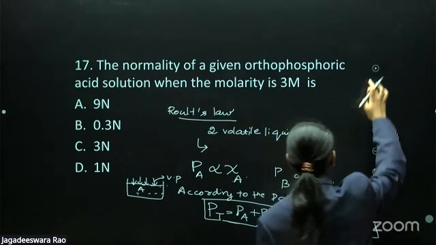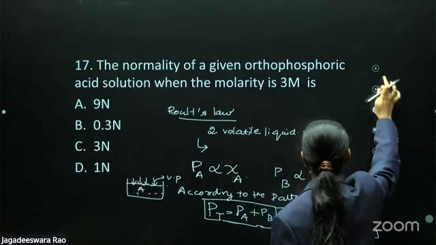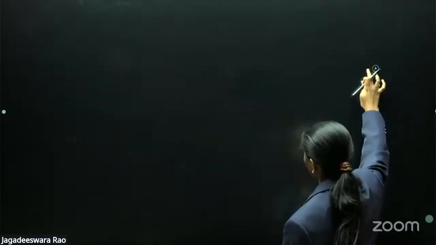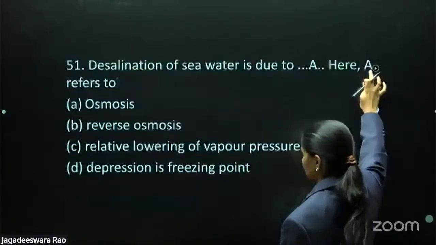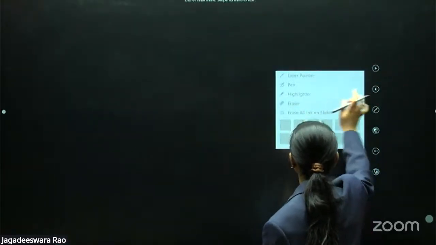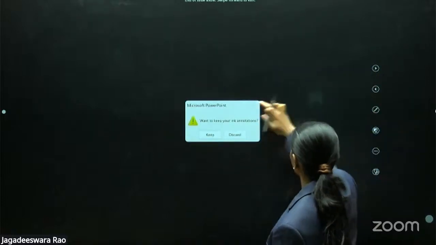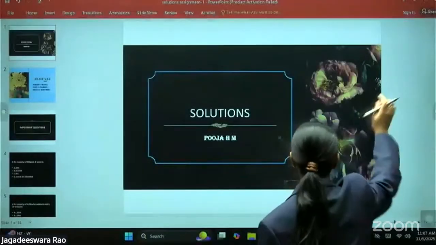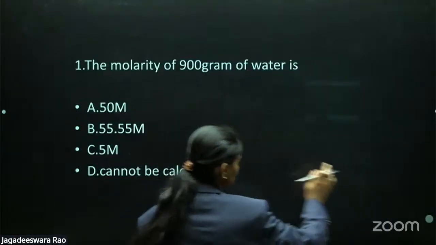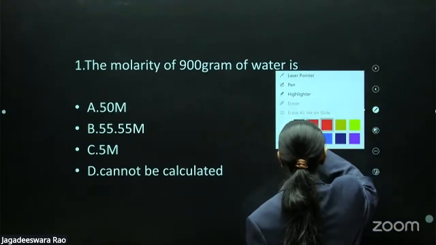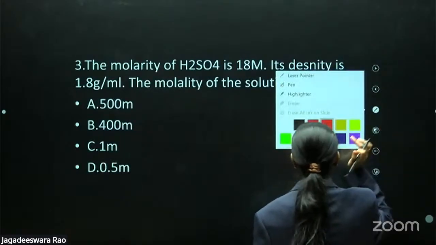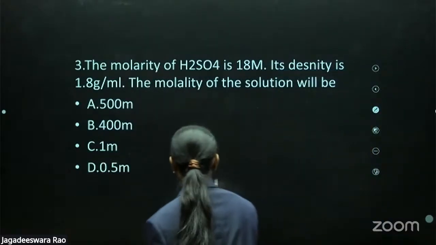When you consider them, they will ask what is PA naught and PB naught, right? So what is PA naught and PB naught?